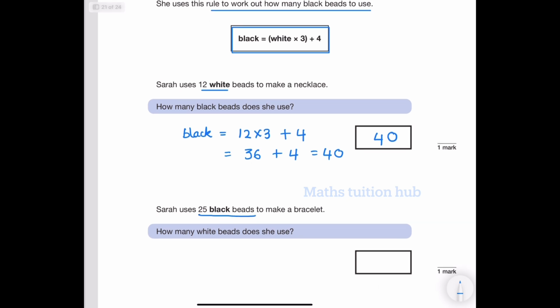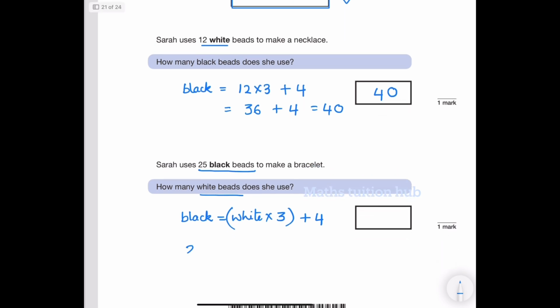Now Sarah uses 25 black beads to make a bracelet. How many white beads does she use? So let's write the formula again. Black equals white times 3 plus 4. So now we have 25 black beads. 25 equals white times 3 plus 4.